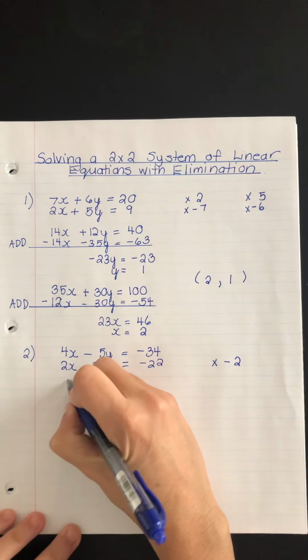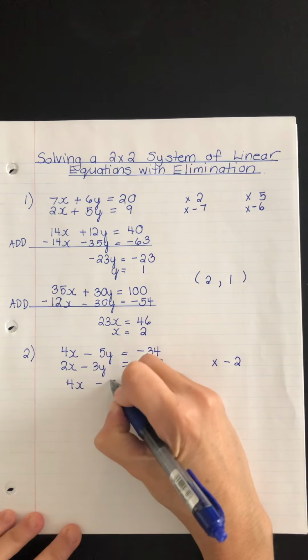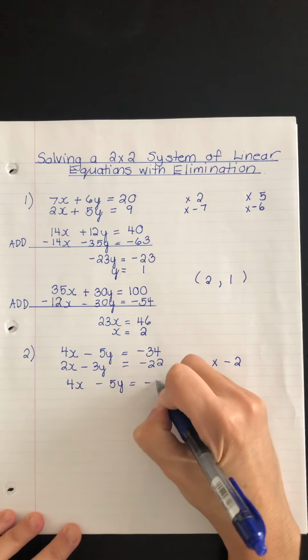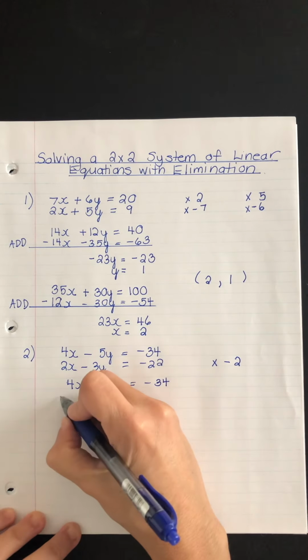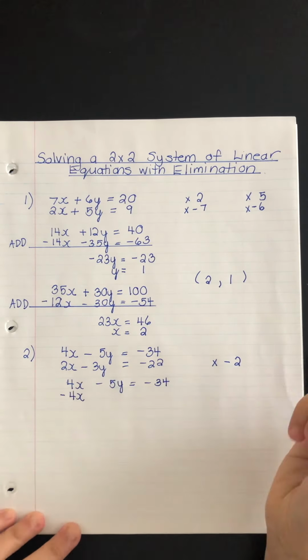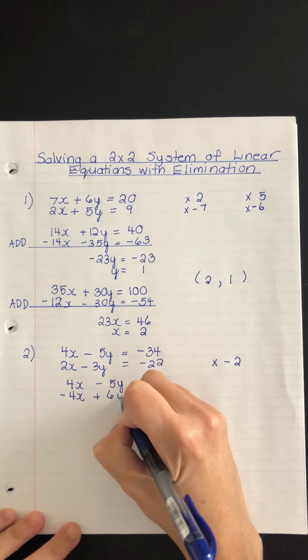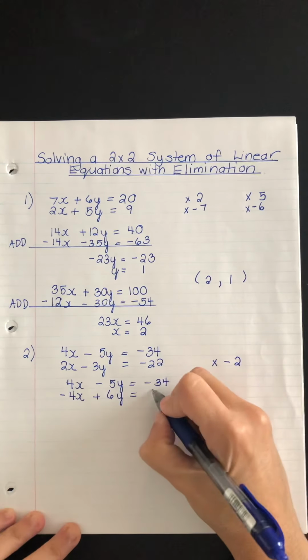All right, so the first equation can stay the same. The second equation can be multiplied by negative 2. So that will be negative 4x plus 6y is equal to 44.